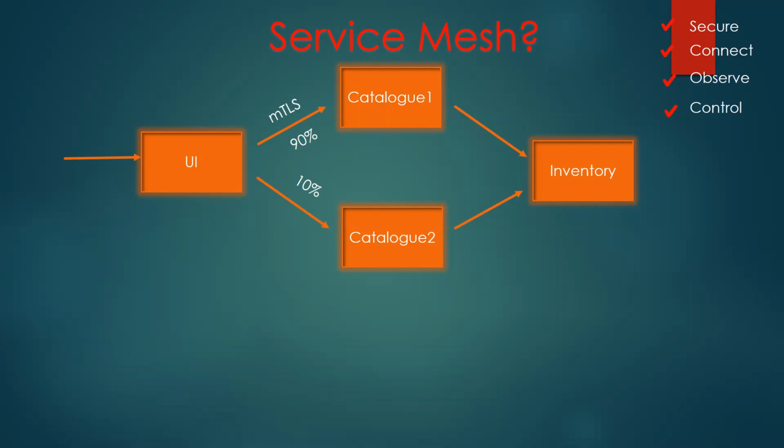What happened in the past is developers used to program all the features directly into the application itself. That was making the application very heavy, and it was slowing down the dev cycle, and the microservices were becoming much bigger. This was making everything less flexible.